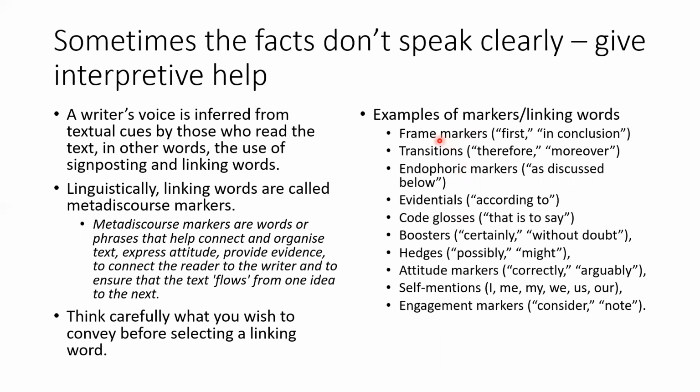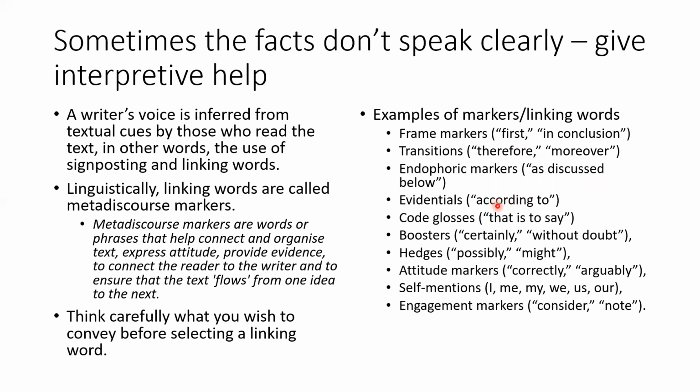A frame marker, this is what the linguists have called it, are something like first, second, in conclusion, or finally. Transitions, where you transition from one idea to the next, are therefore, moreover. Endophoric markers give you direction, as discussed below, as discussed in section 3.2.